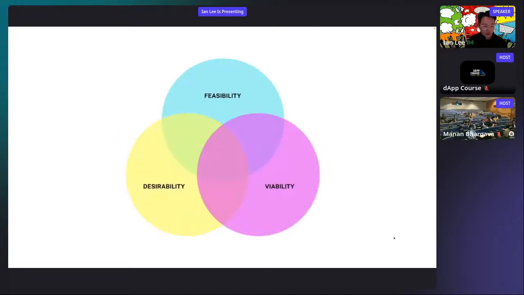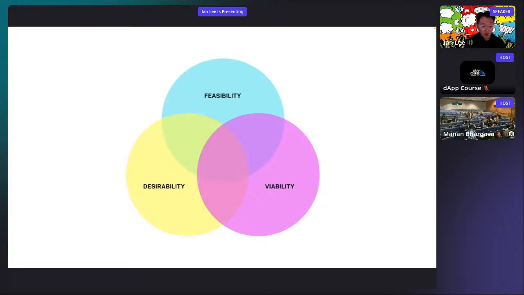IDEO developed this methodology in the 80s that it calls desirability, feasibility, viability, which is a framework for thinking about how to come up with new product ideas, new businesses, new startups, and so on. It means that something must be desirable, it must be feasible, and it must be viable in order for it to work.